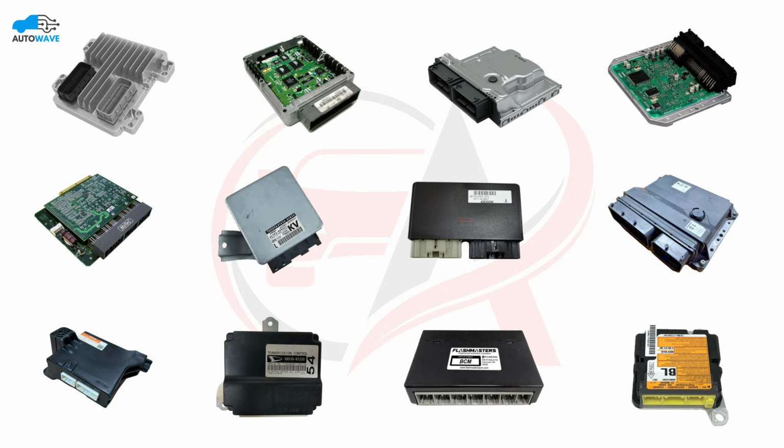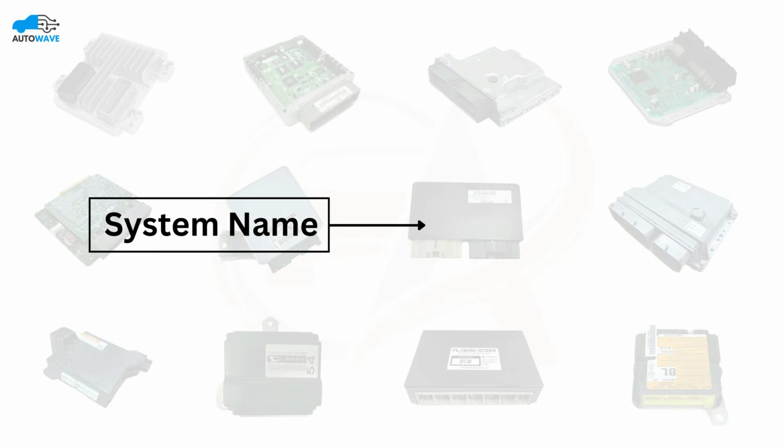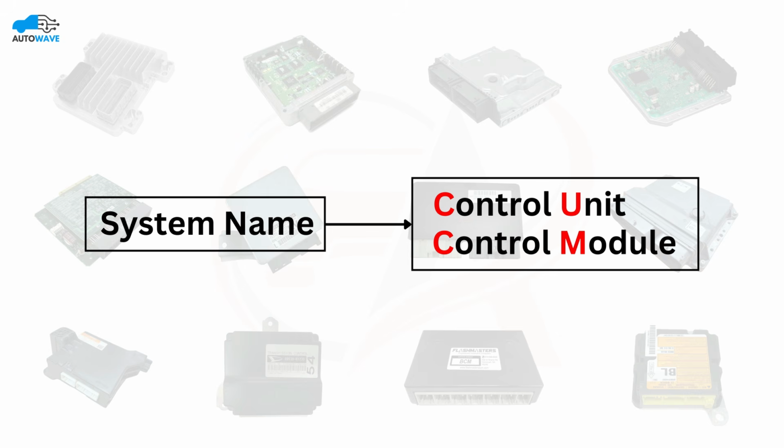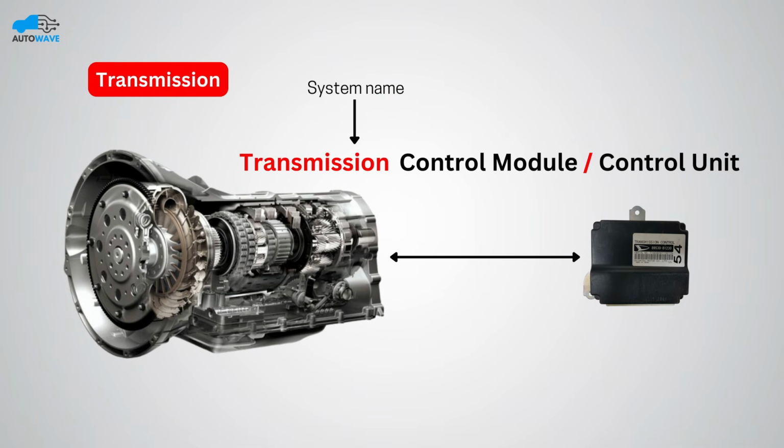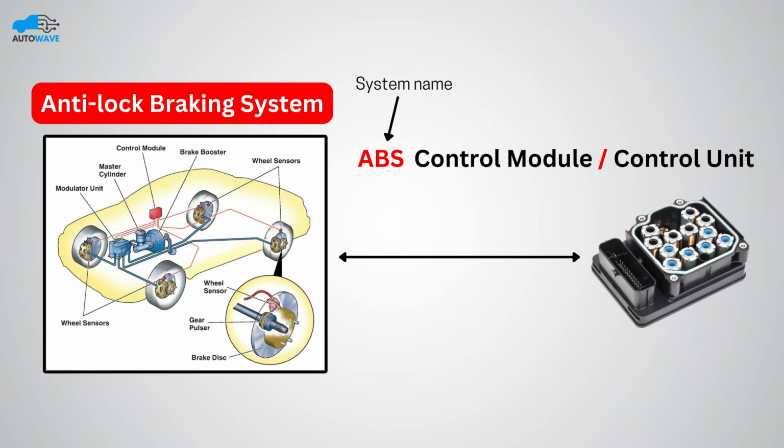All the computers in a car are called by their system name with control unit or control module. For example, the computer that controls the engine is called the engine control unit or engine control module. The computer that controls the transmission is called the transmission control module. In the same way, ABS is one system.